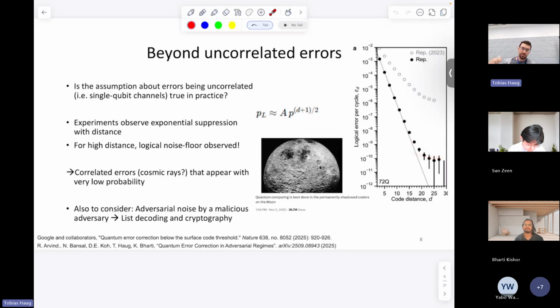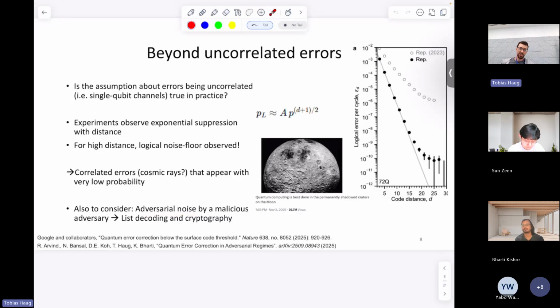Also something to consider, but I'm not going to talk about this in detail. This is something I'm personally interested in, together with Keisha, Arvind and Nikhil. We study the case where the noise is adversarial. So the noise is not caused by cosmic events or by random forces of nature, but there's some bad guy that tries to attack your system.